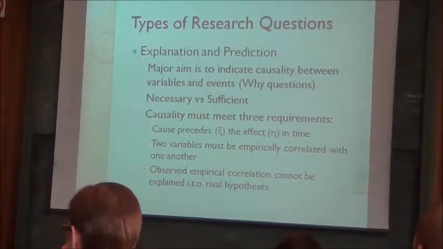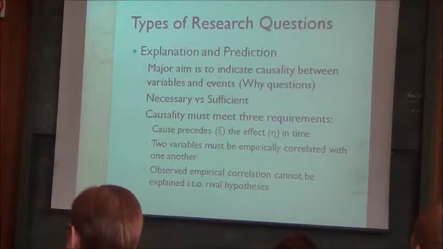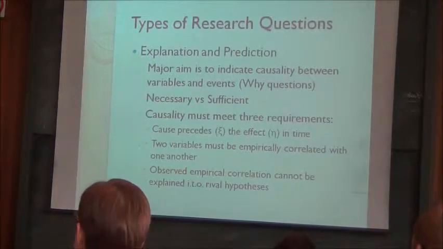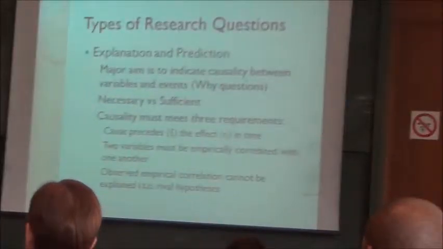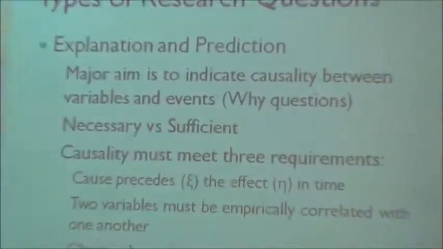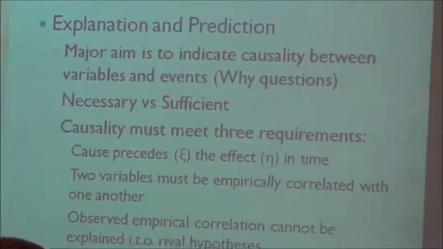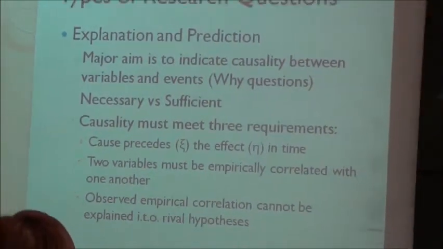The best that we can do in the explanation in prediction is to say something like the following. It is highly likely that this variable preceded the other one. It seems possible that this variable may influence that. But no cause and effect.